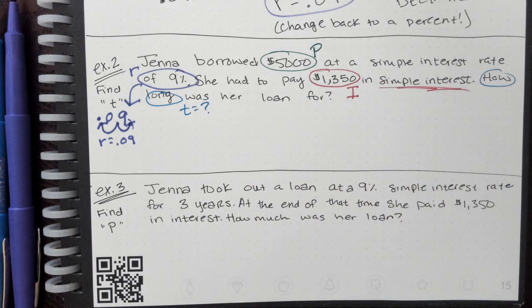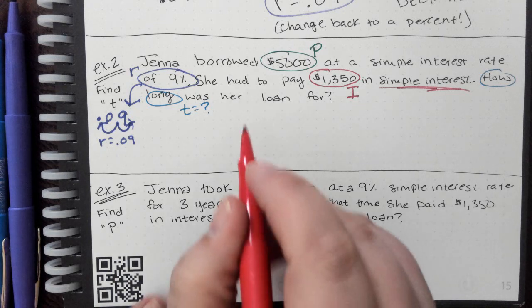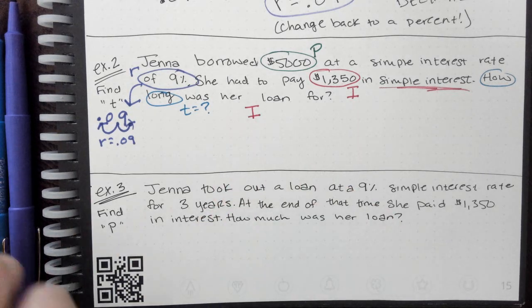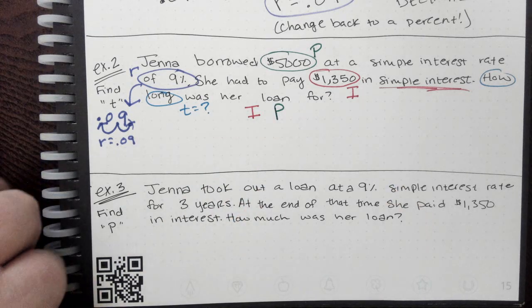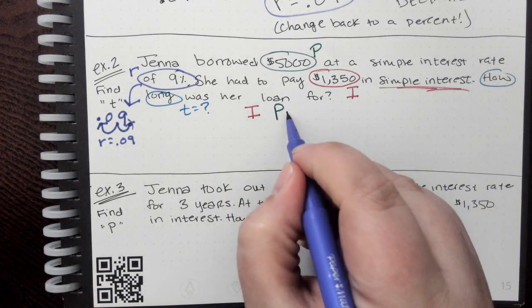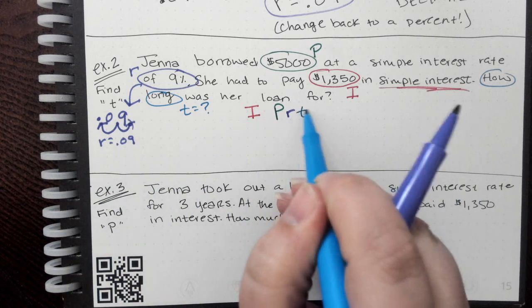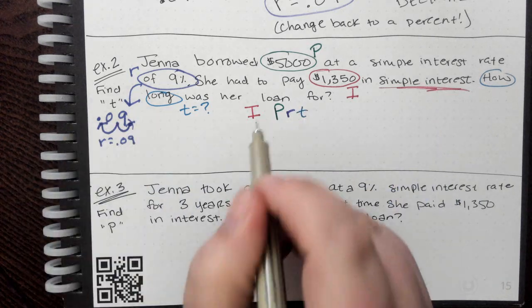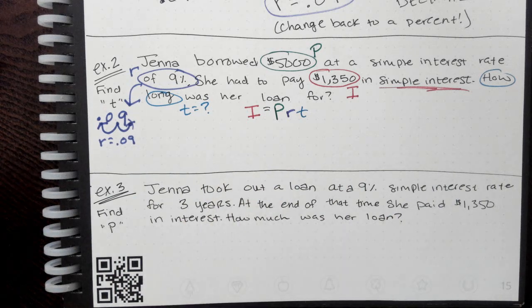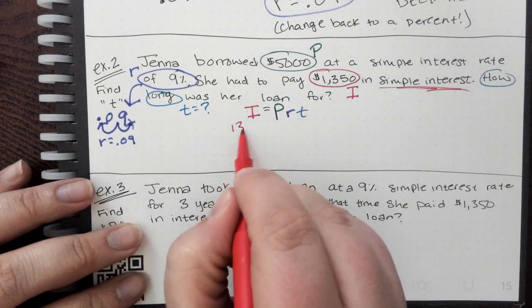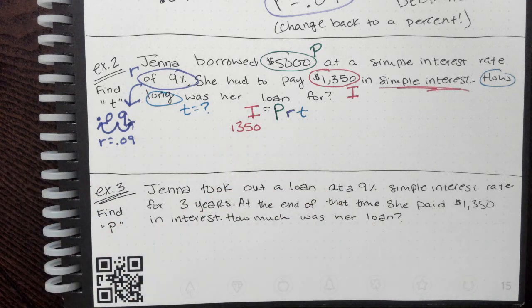So now I can make my equation, substitute in my equation. The equation is I equals P times the rate times the time in years. The interest amount was $1,350.